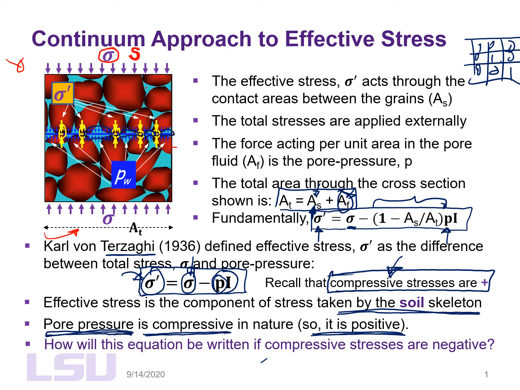When you increase the pressure of the fluid in the pore spaces, it wants to expand, right? But it doesn't have much room to expand because the grains or the solid skeleton are bounding the pore spaces. So it pushes against the grains and tends to compress the grains. That's why pore pressure is considered positive when you assume compressive stresses are positive.